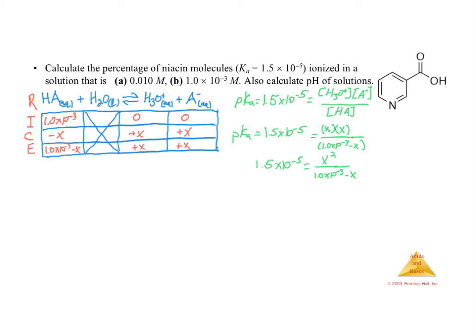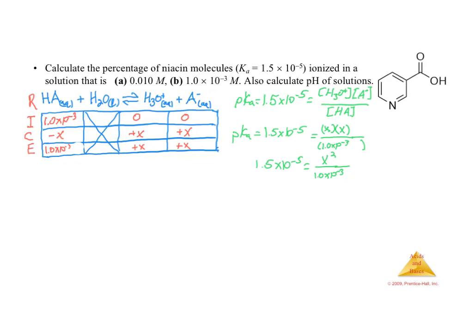Now let's take a look at getting rid of this X again, comparing the concentration this time, 1 times 10 to the minus 3, with our equilibrium constant 1.5 times 10 to the minus 5, it's only about 2 orders of magnitude difference. So let me show you what happens when those values get closer and how we cannot make that assumption. So we've gotten rid of the X here and here.